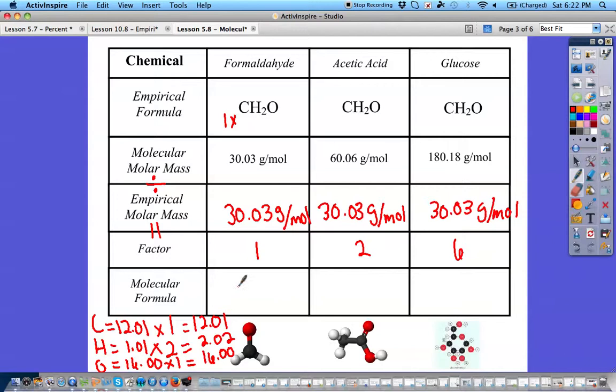For formaldehyde, the molecular formula and the empirical formula are exactly the same. For acetic acid, we're going to multiply the empirical formula by 2, so this should be C2H4O2. And then our last one here, we're going to have C6H12O6.